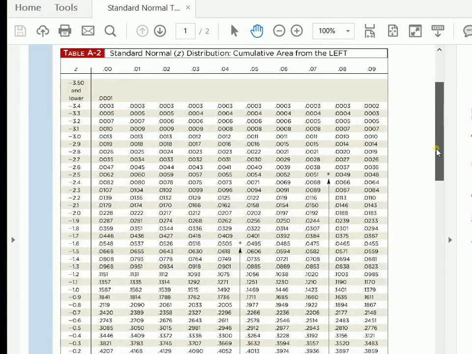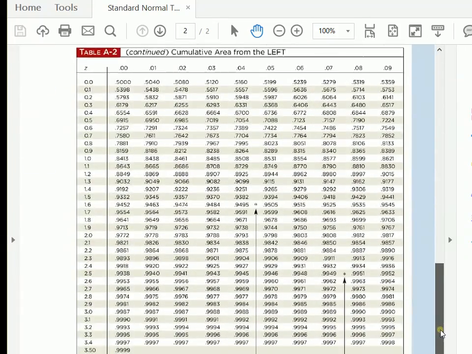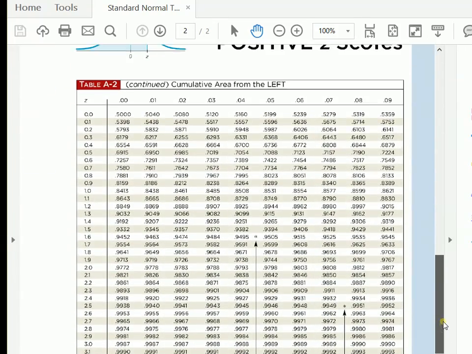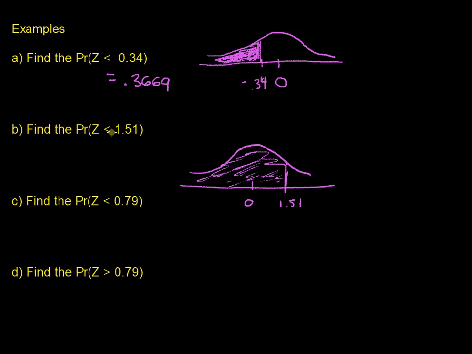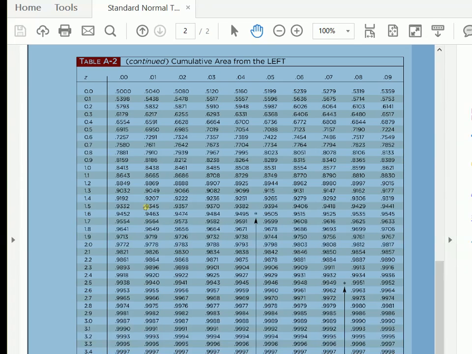This is going to be on the other page, because this page is only for negative z-scores. Let's go to positive z-scores. We are now looking for 1.51. So 1.5, go down on the left, 1.5, and then go over to 0.1. You see the score there.